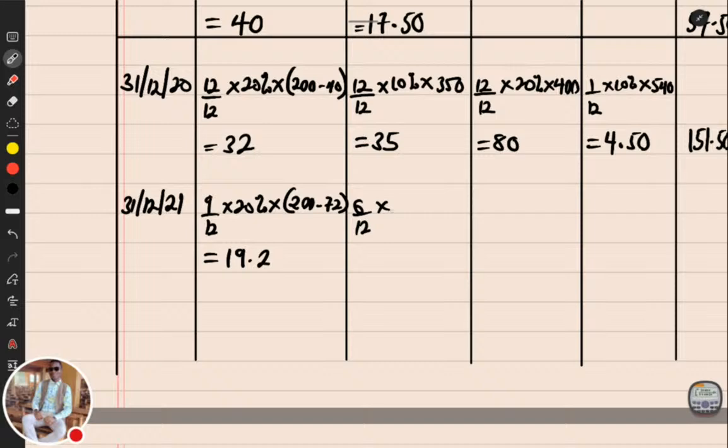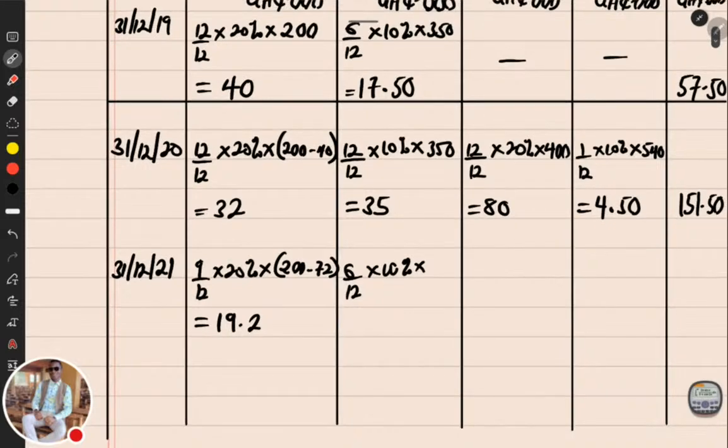And then multiplying 10%. This is on straight line method, so you just have to multiply by the cost. So what was the cost for machine number 2? You know it's 350, right?